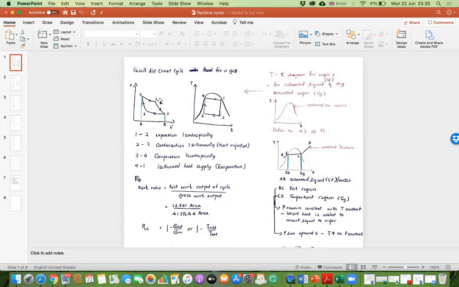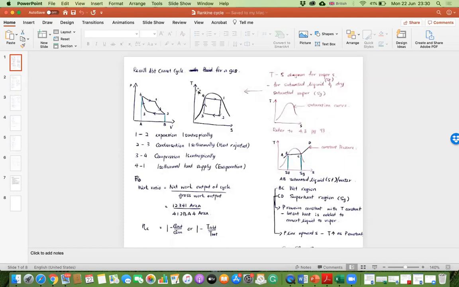If you remember, on the PV diagram, 1 to 2 is isentropic expansion, and you can think of the turbine in this part. 2 to 3 is heat rejection, or you can say condensation. 3 to 4 is isentropic compression. 4 to 1 is isothermal heat supply.